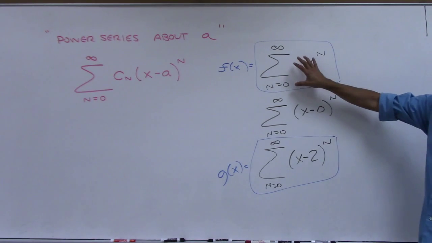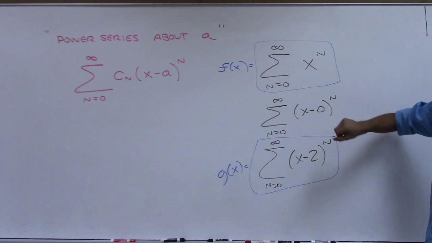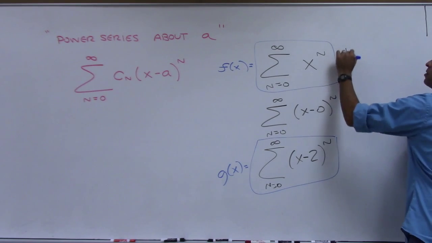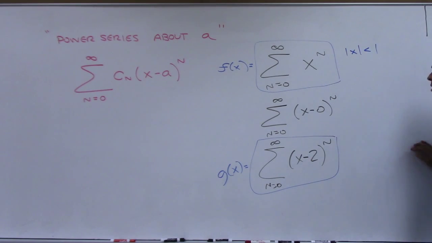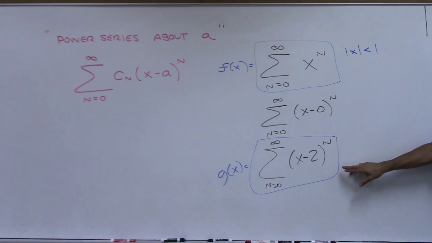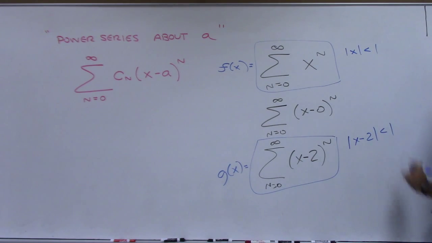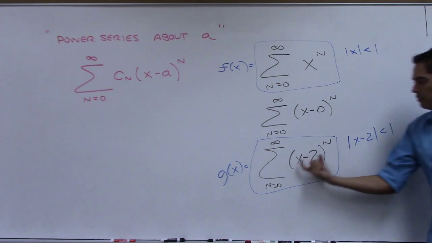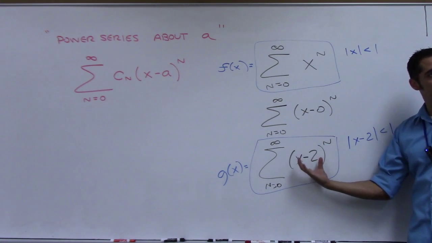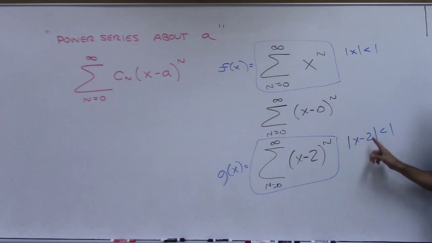For this to converge, what did we need to happen? The absolute value of x had to be less than 1. What has to happen for this to converge? The absolute value of x minus 2 has to be less than 1. Right? What's in here, this was the r, wasn't it? This has to be less than 1 for this to work. Understand the difference?